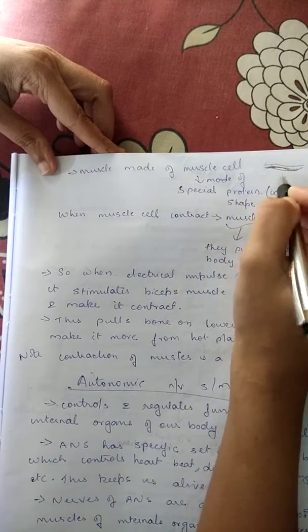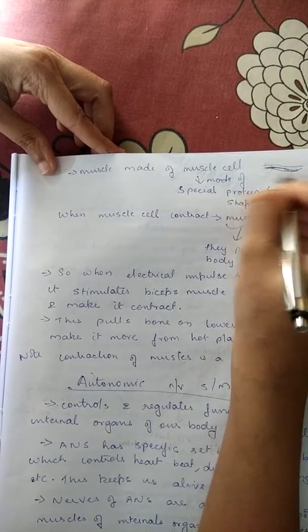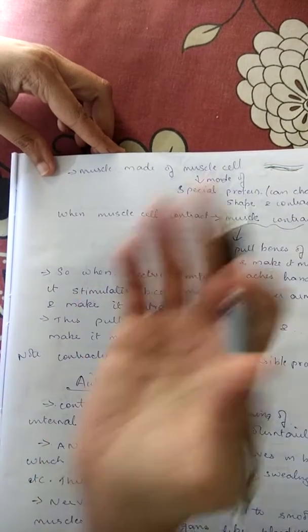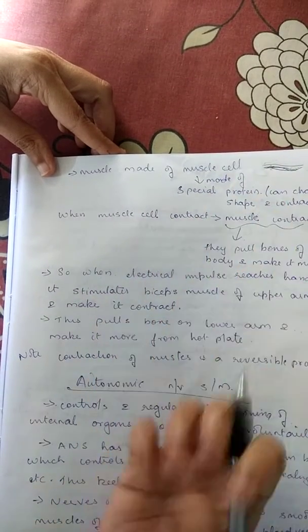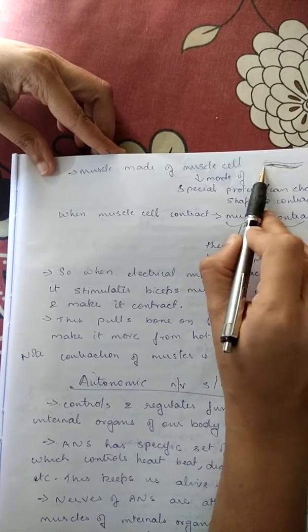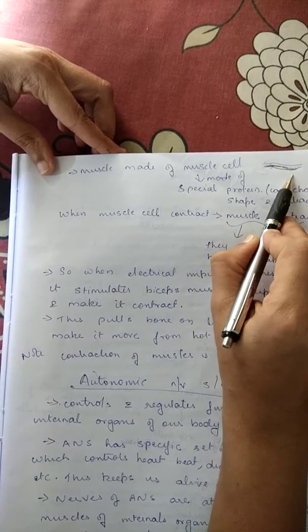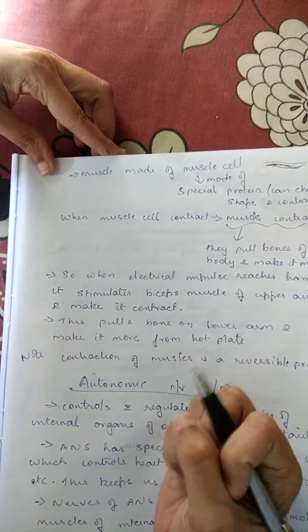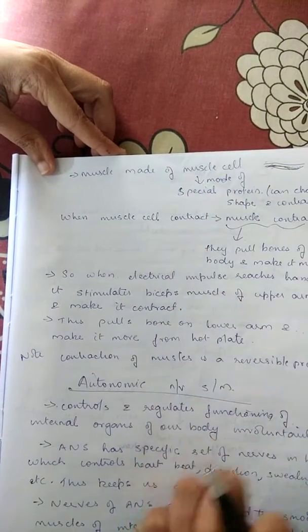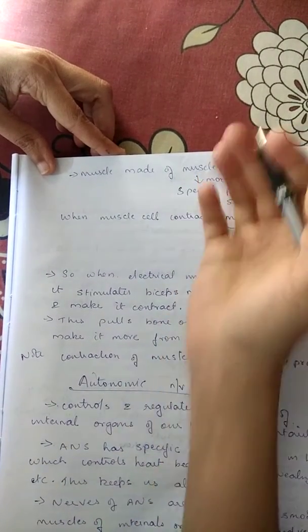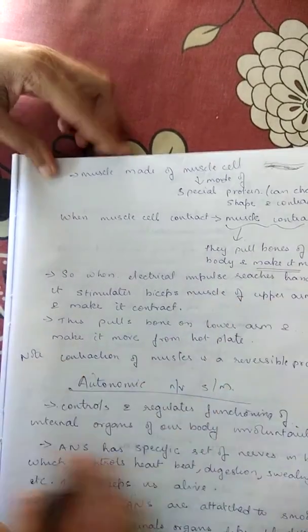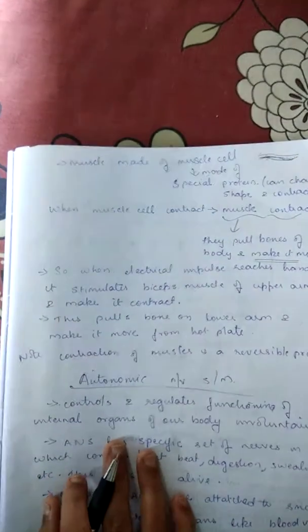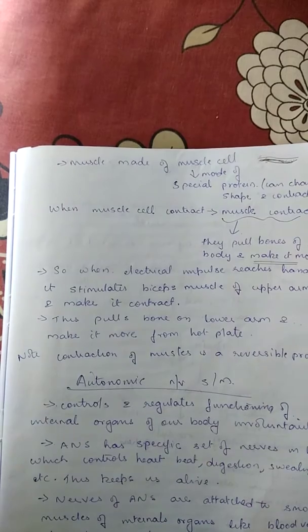These proteins have the capability to change shape. They can contract and they can expand. These muscles are made up of special protein which can change the shape and contract. So when the muscle cells contract, what happens? They pull the bones of the body, which will help to take the hands away from the hot plate.